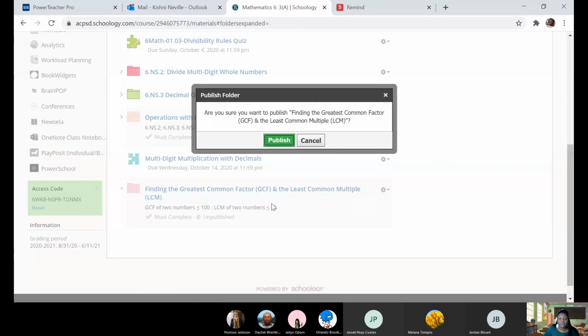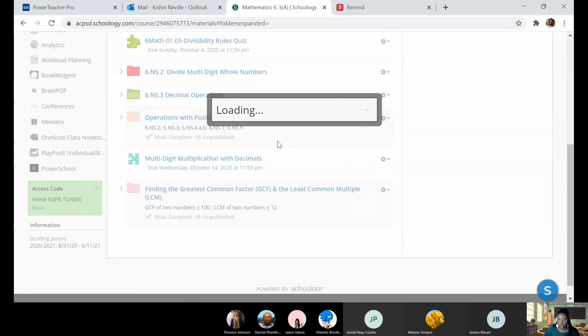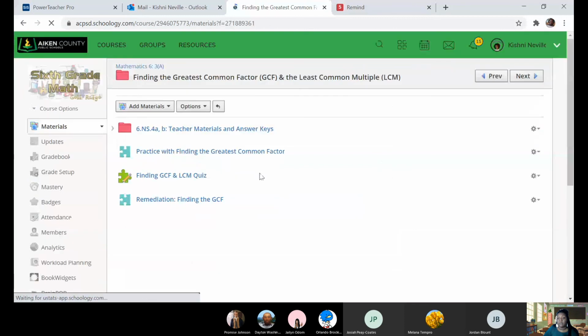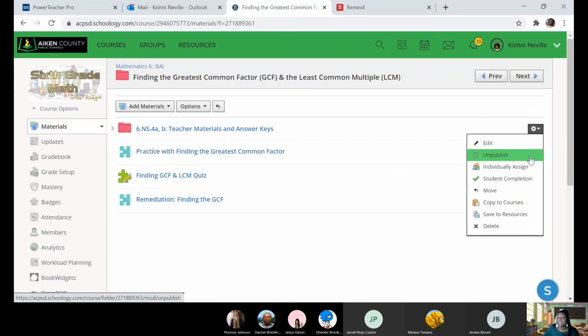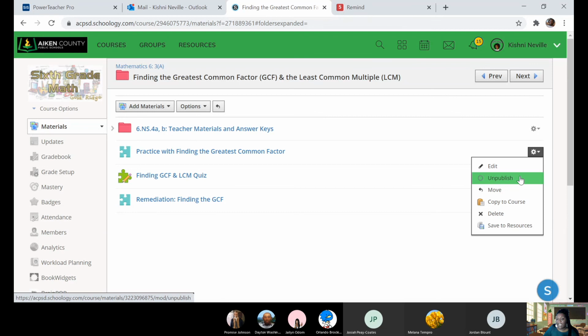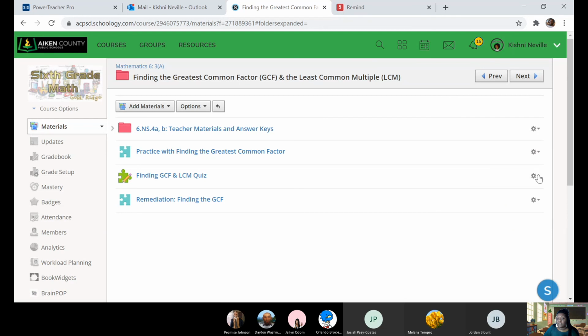We're going to now be moving into a red folder that says finding the greatest common factor and least common multiple. And the first assignment that you're going to be working on today is finding the greatest common factor.